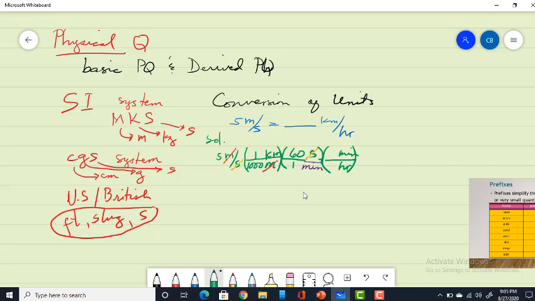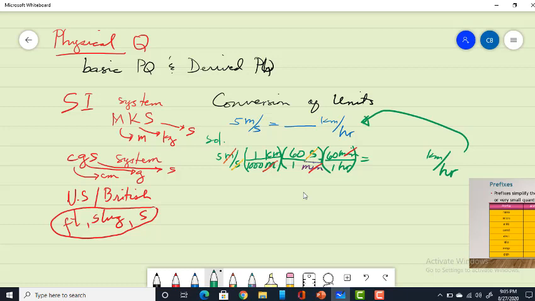In 1 hour, how many minutes? 60 minutes. So we can now cancel minutes here, and we're left with what unit? We only have kilometer per hour. Okay, it's the same.